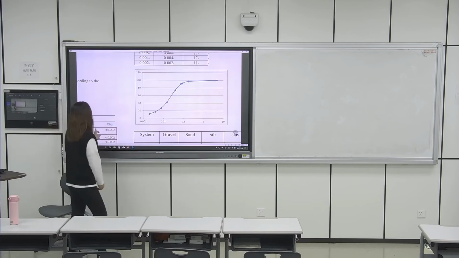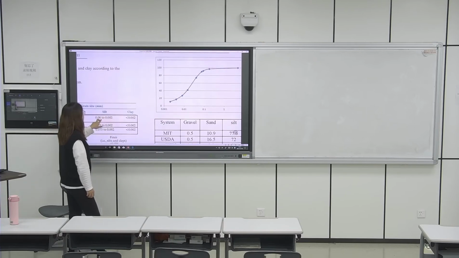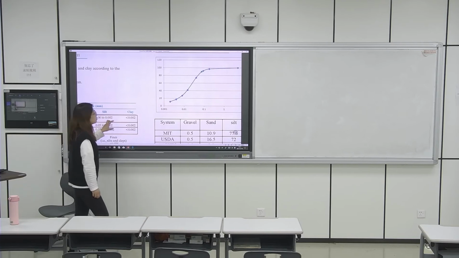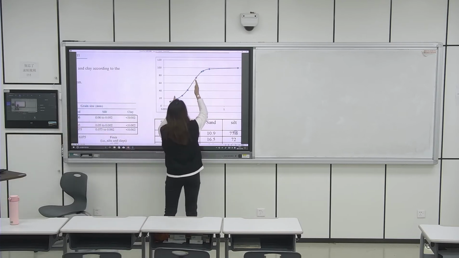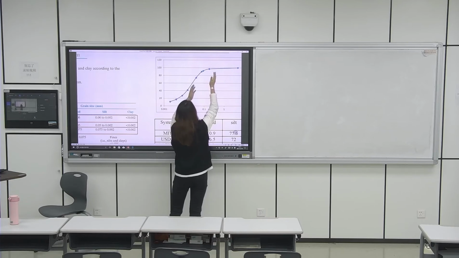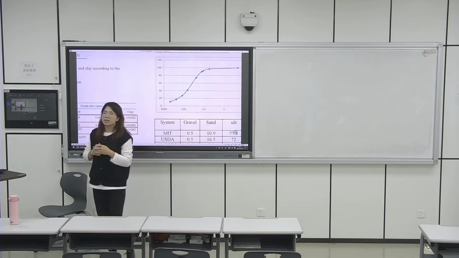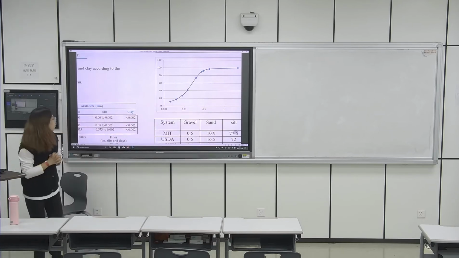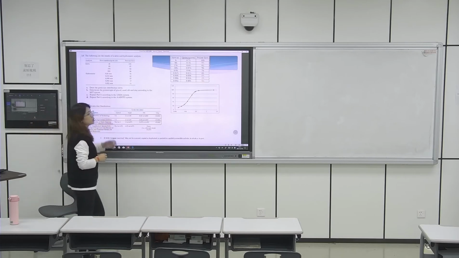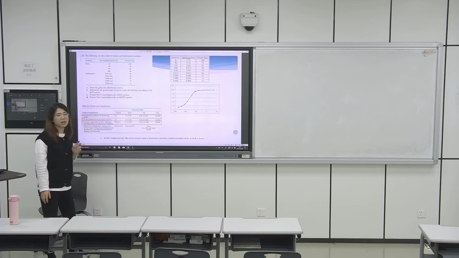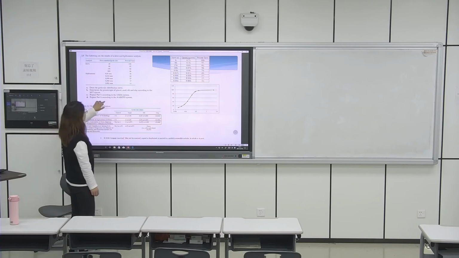And then you need to find the silt range for the three systems and find how much percentage is silt, how much is sand, and how much is gravel, that's all. So this is actually very easy. B, C, D are the same, they just adopt a different system. So this question is very easy.